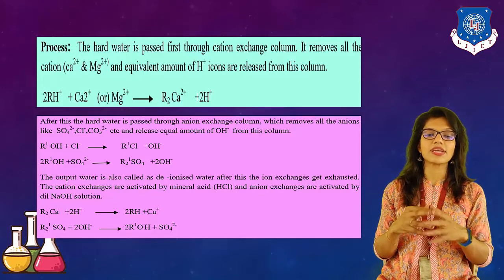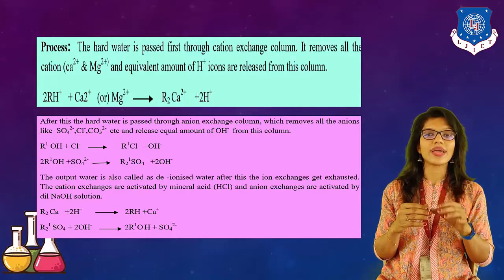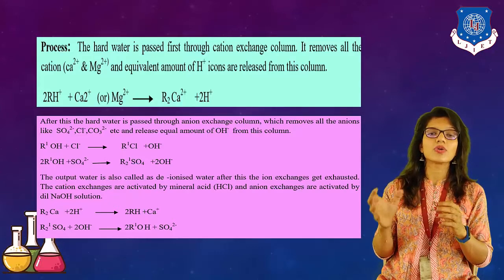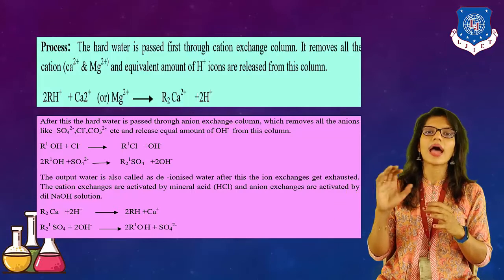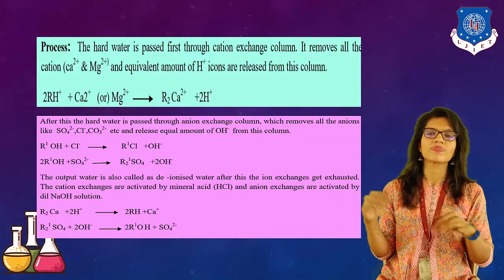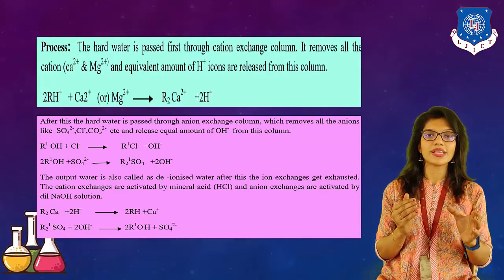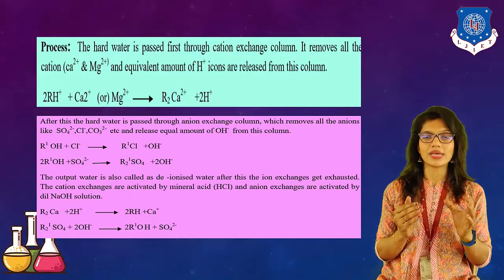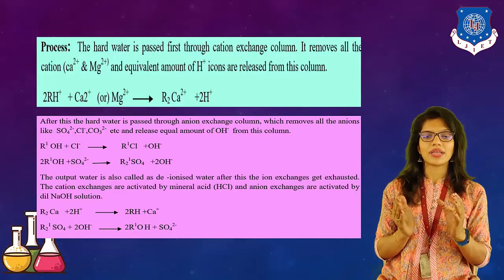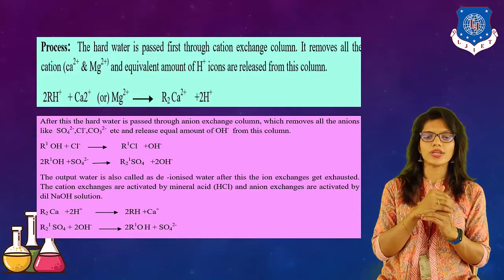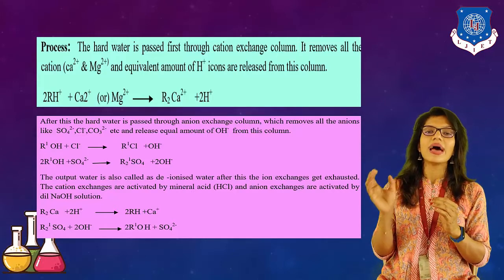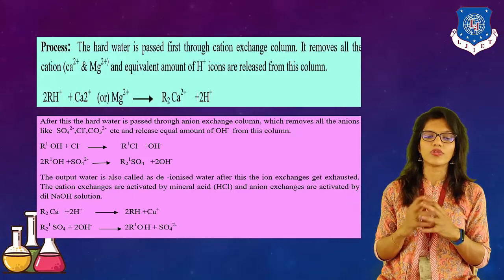As you can see in the image, RH when it reacts with Ca or Mg converts into R2Ca and its H is released into the water. Likewise, when we have ROH and it combines with the water which contains hardness, Cl minus is replaced with OH. So RCl is formed and OH minus is released.